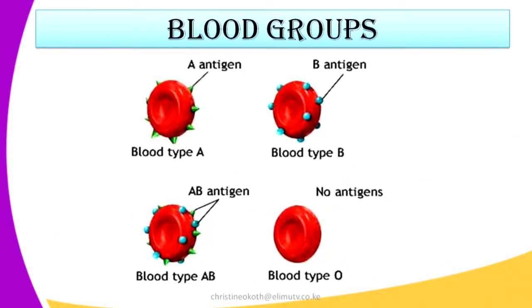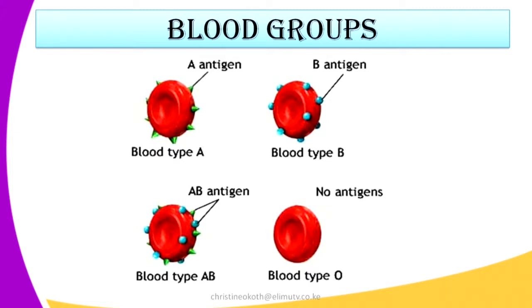So we have 4 different types of blood groups. We have A, it signifies that you have A antigens on the surface of the red blood cell. We have blood group B, which means you have the antigen B on the surface.